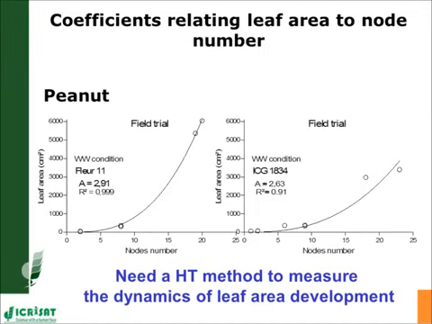And so what we do now in the field is really to measure those development coefficients, or those exponential coefficients linking leaf area and node number on the main stem. What we measure are those exponential coefficients and the range of genetic variation that we've got. What sort of platform do we need for that is, of course, something that can dynamically measure the leaf area over time.